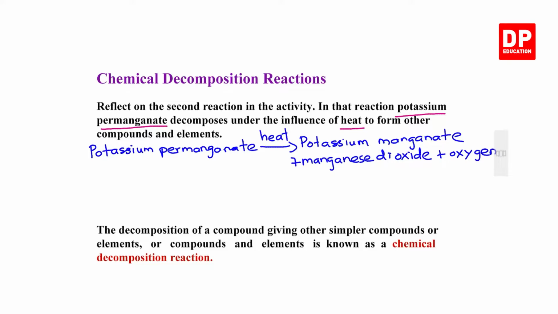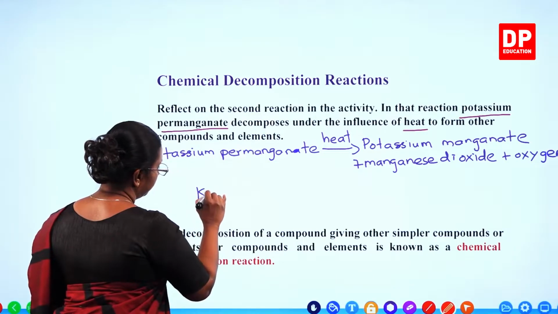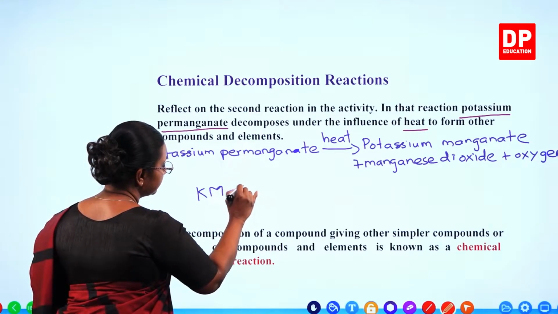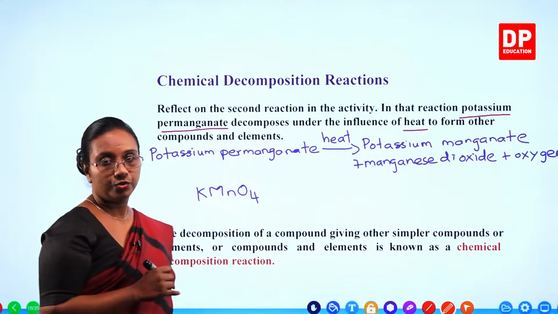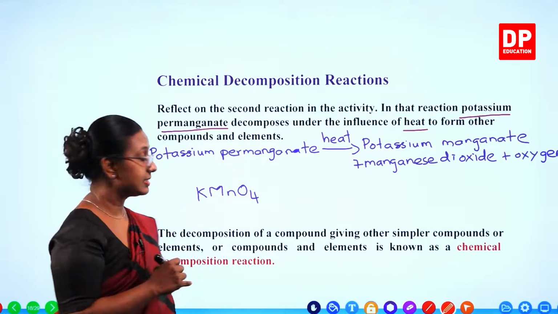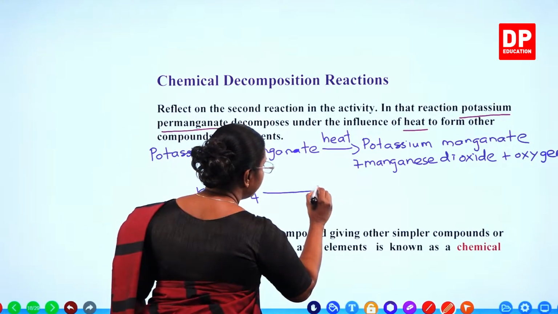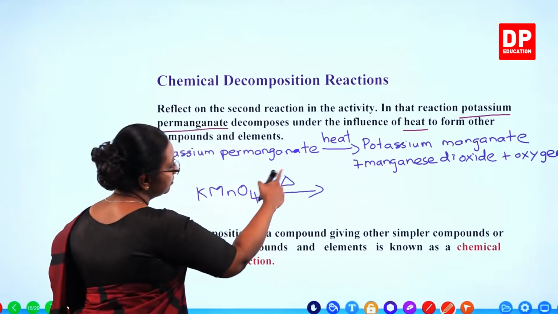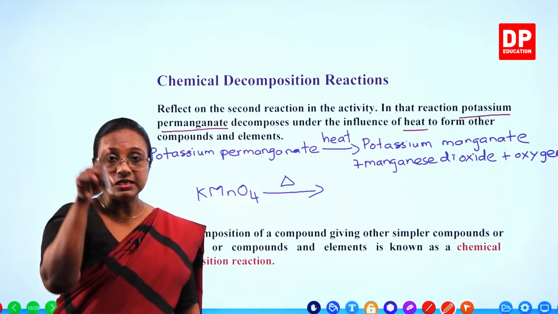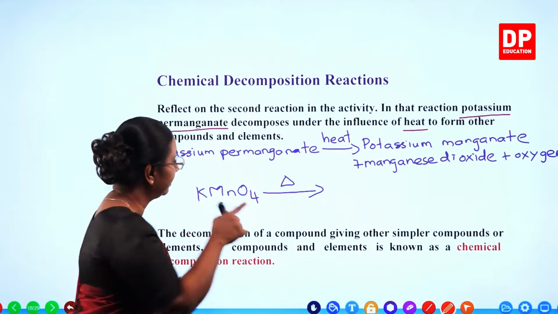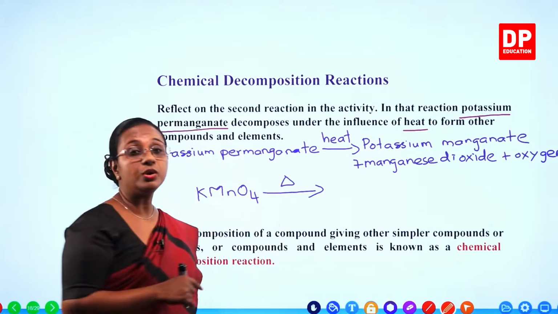So, if we write the equation, potassium permanganate is KMnO4. It is the purple color crystalline solid. When you heat, for heat, students, we use this symbol delta or a triangle. You can see this refers to heat.